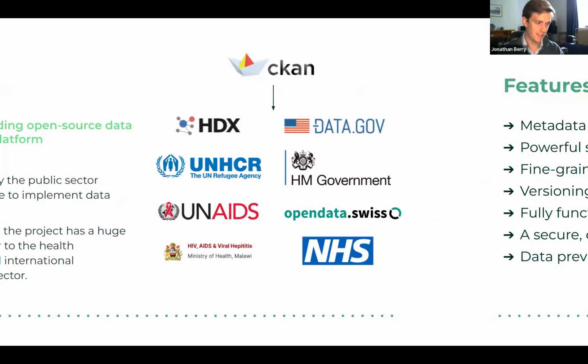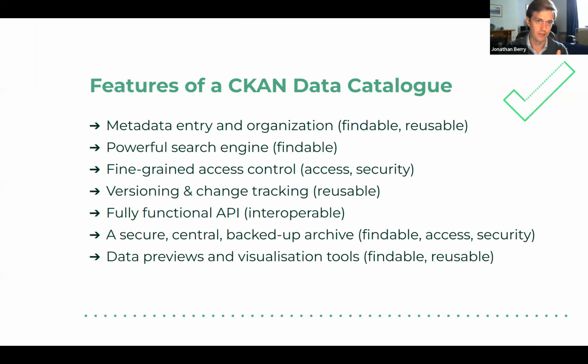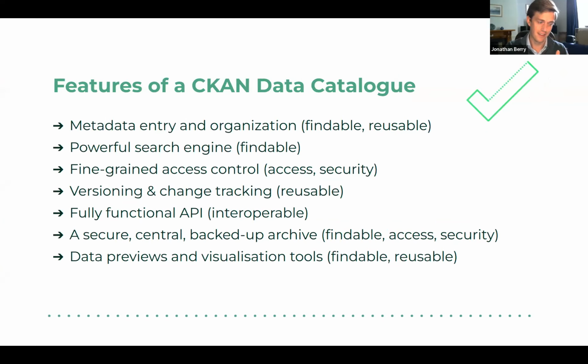Now, CKAN provides straight out of the box metadata entry. It helps to make your data findable and reusable because a powerful search engine is also made available to search that metadata. You can search the data, but also filter the data by different facets, by tags, by categories, by dates, by file types. CKAN provides fine-grained access control to your data so that not all your data needs to be public.